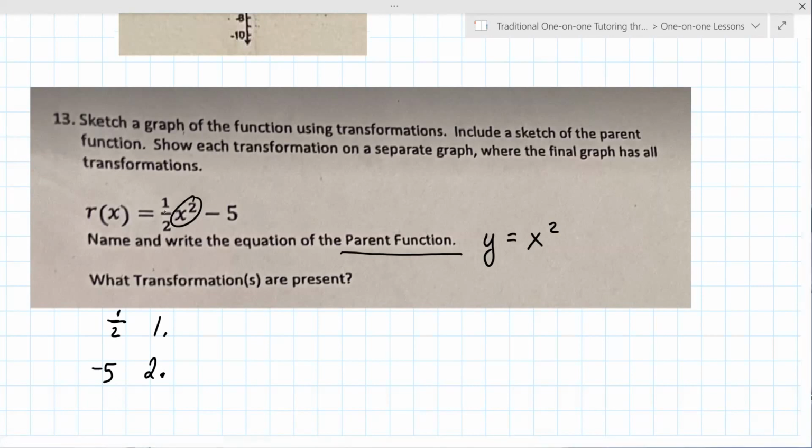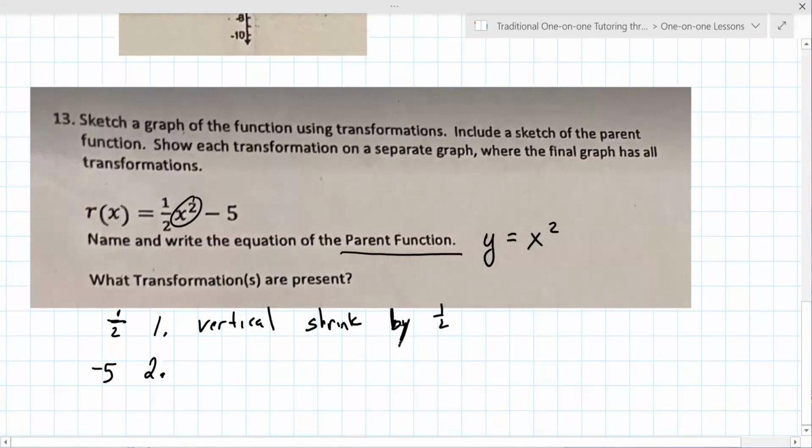I'm asking you, do you remember what the number out in front does? Okay, so it's a vertical shrink by 1/2.